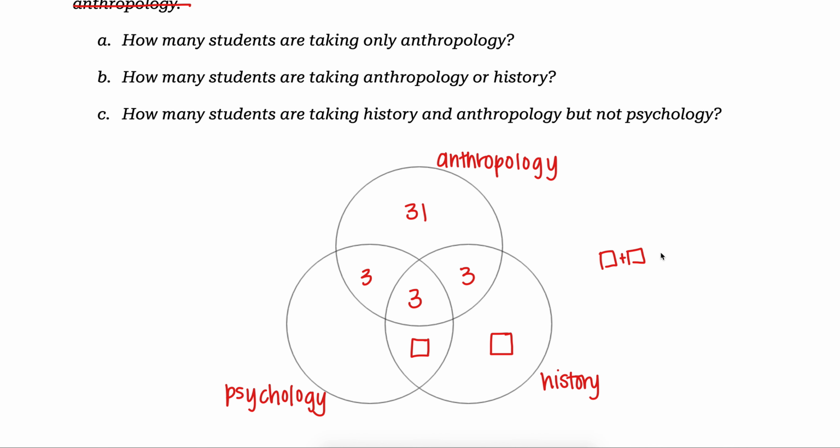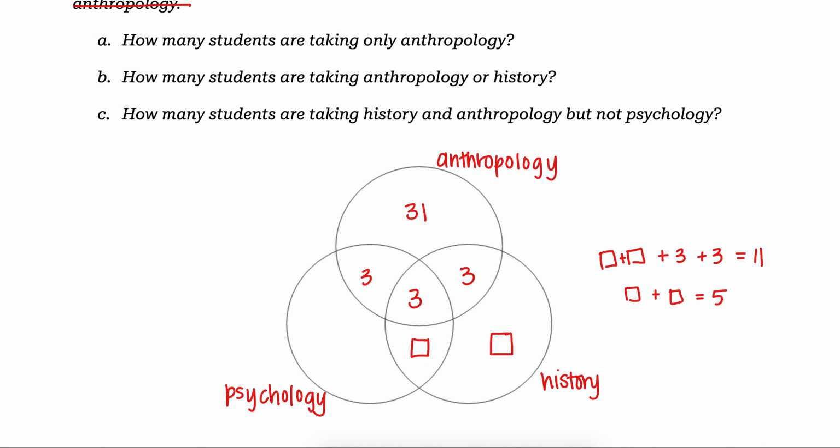These 2 squares plus 3 is equal to 11. So that means these 2 squares have to sum to 5 in some way, shape, or form. And hopefully you can tell, since we don't have half of people, these 2 squares don't necessarily represent the same number. I just want to indicate that these have to add to 5.